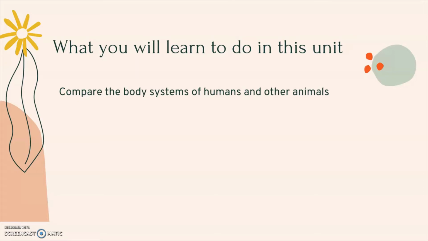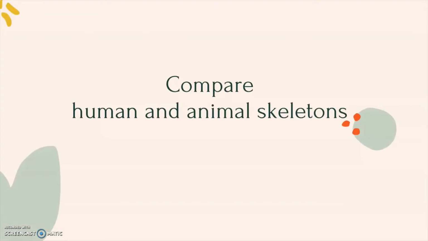But in Unit 6, you learn about all of them, digestive, skeletal, respiratory, and circulatory system, in animals. Next, compare human and animal skeletons.